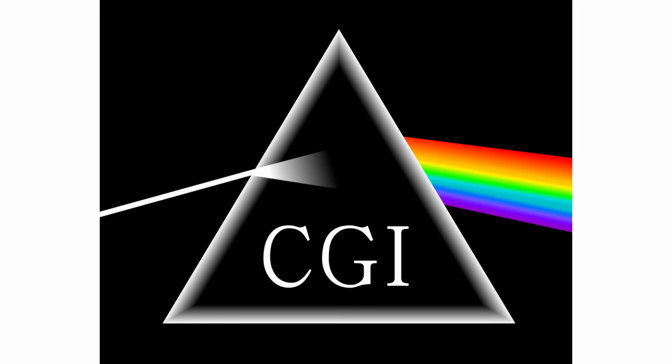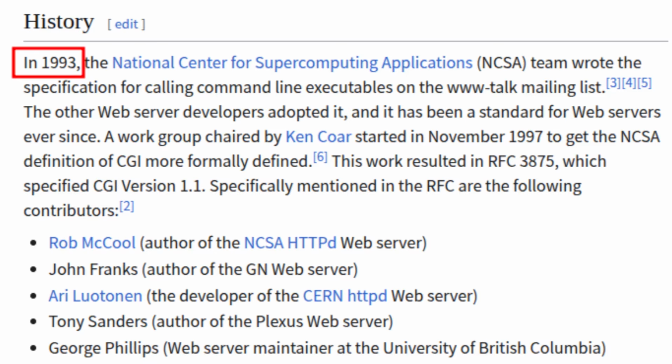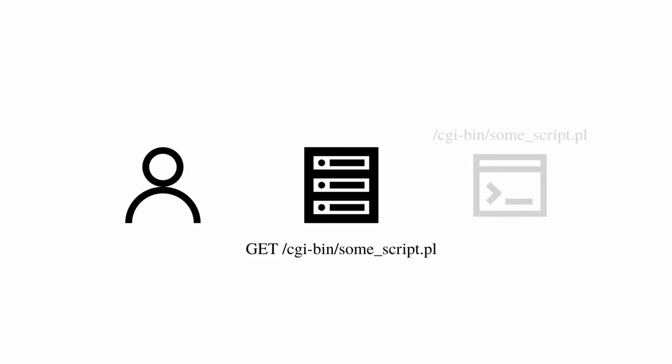Common Gateway Interface, or CGI, is technically old technology at this point. The way this works is that if your HTTP server is configured to handle a CGI request, and your request is to a certain CGI program, then the HTTP server would launch that particular CGI program.